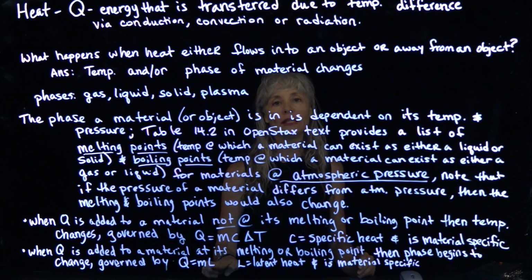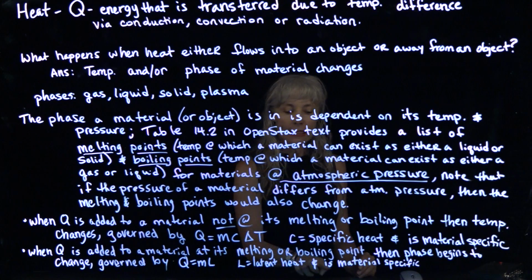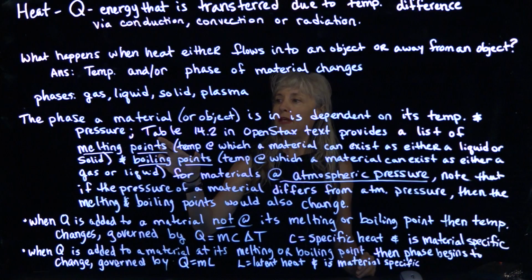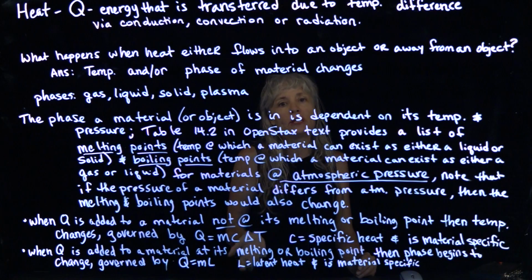And L is called the latent heat of the material. It's also material specific. In addition, there's going to be a latent heat for the transition between solid and liquid, and then there's going to be a different latent heat for the transition from liquid to gas.